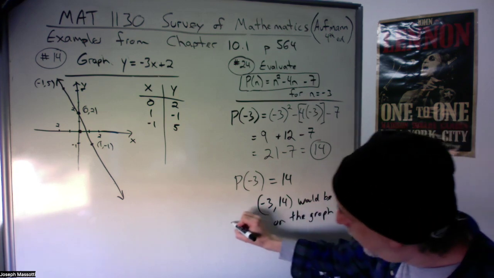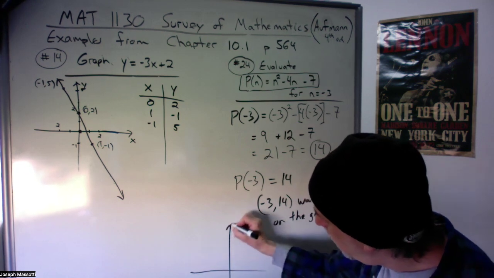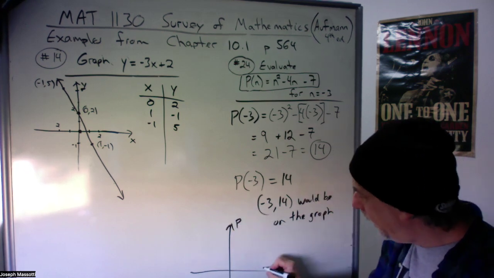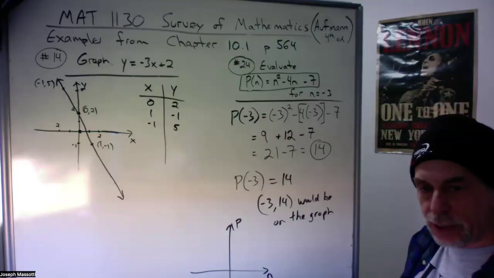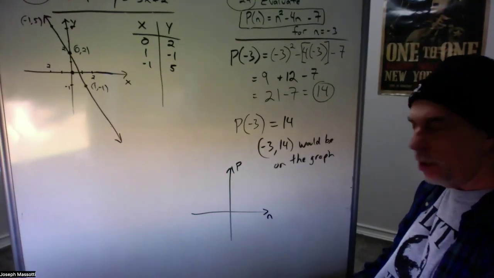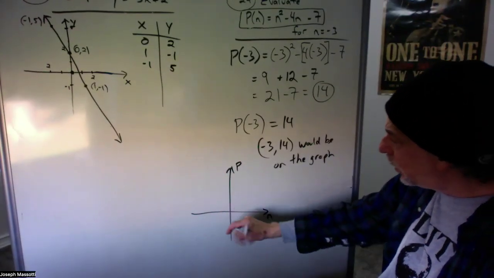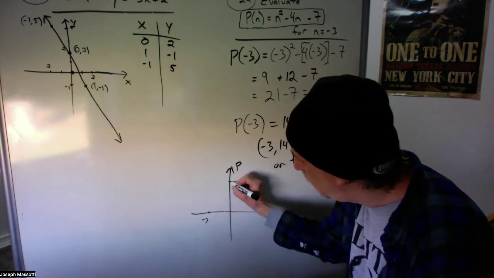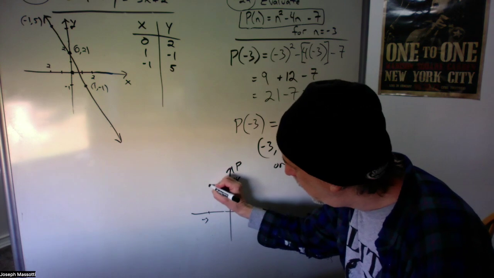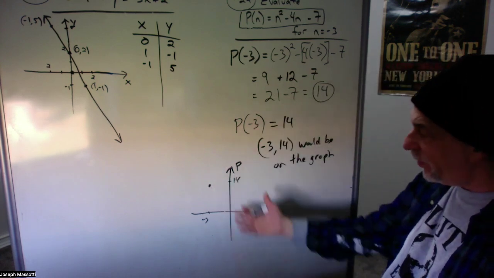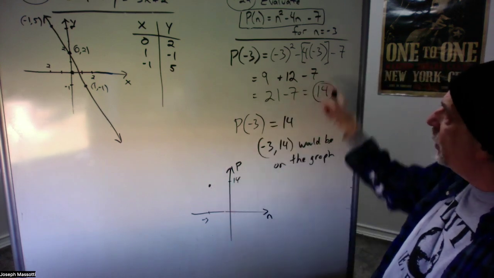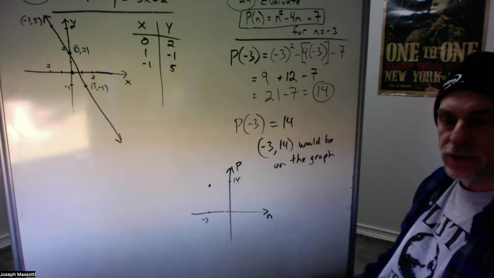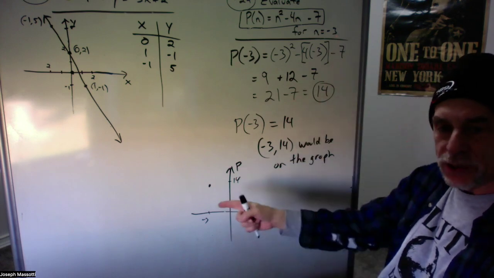If we had P as the output and n as the input, the point -3, 14 would be on the graph of that function. And if we wanted to know the shape of the graph, we would choose a couple more n's, put them into the function, graph those points, and draw it.